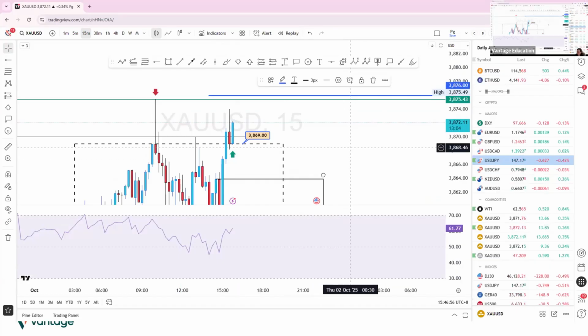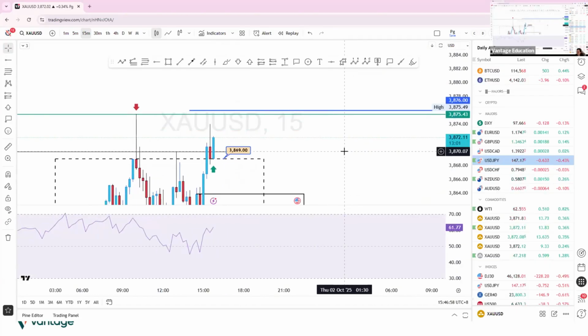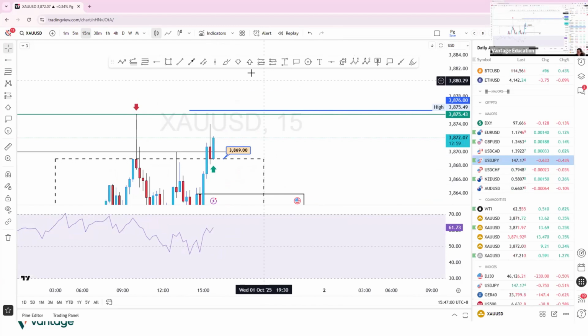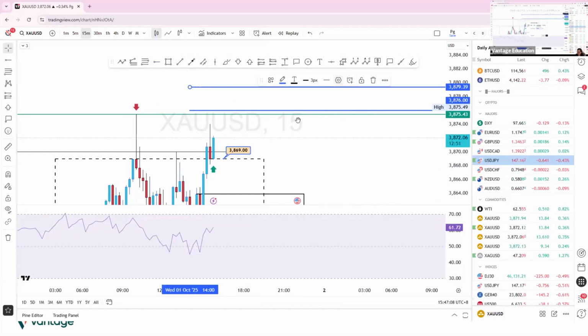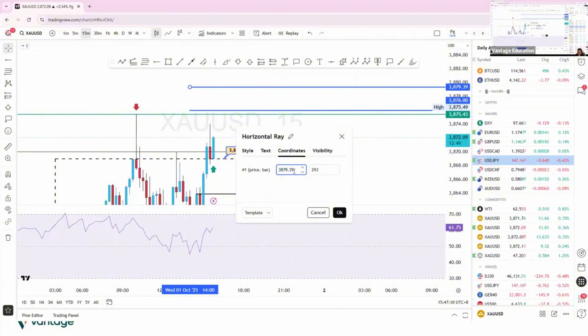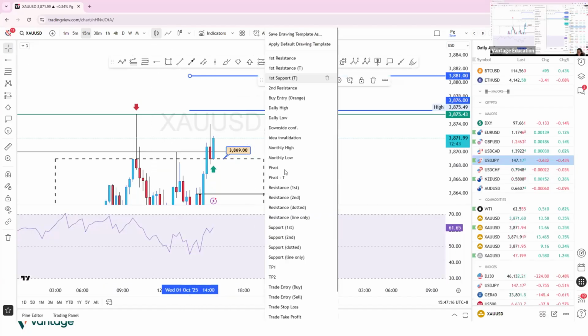And then you add in another 50 pip, that will be 3x81 TP2. This is gonna be your TP2.